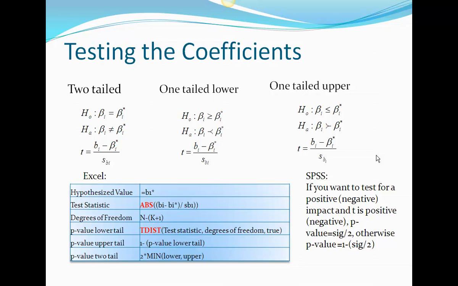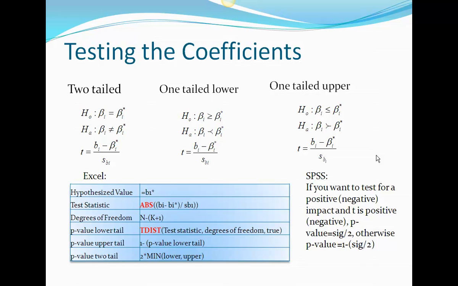So if you want to test for a positive impact and t is positive, then take significance and divide by 2. Remember, the significance is your p-value. If you want to test for a negative impact and t is negative, then take that significance and divide by 2. But if you have a positive t and want to test for a negative impact, then you would take 1 minus that significance value and divide that by 2, and vice versa.